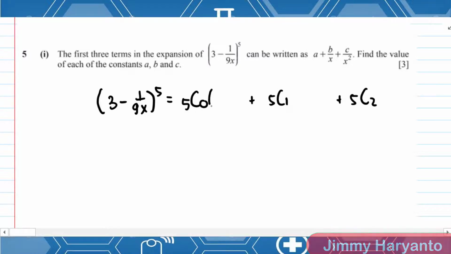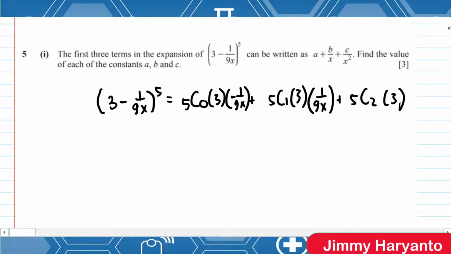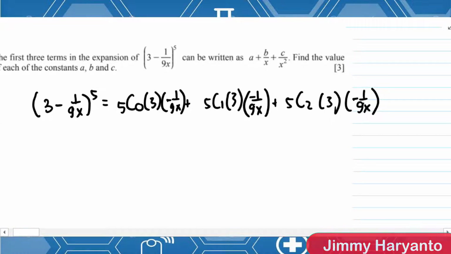The terms will be 3 and negative 1 over 9x, and then 3 and negative 1 over 9x. Be careful that the x is on the denominator. You cannot move the x to the top.